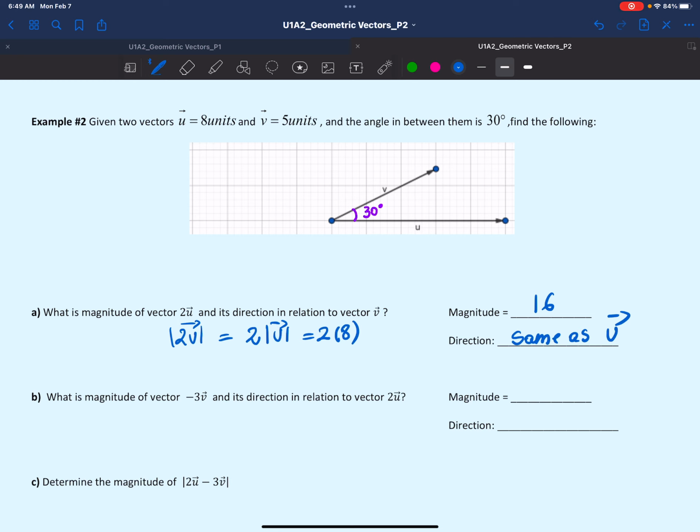Now, what is the magnitude of vector negative 3v, sorry. So negative 3v must be 3 times longer than vector v and going in the opposite direction. So negative 3v magnitude equals negative 3 times magnitude of v.